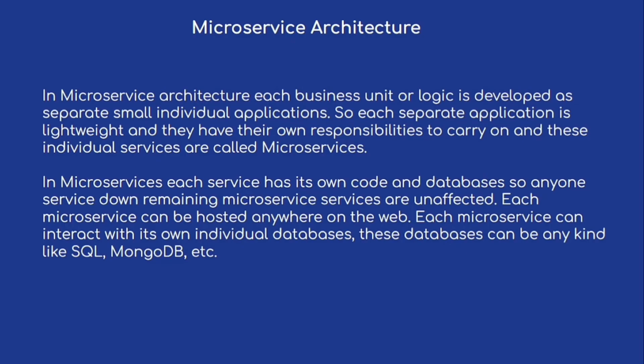Now let's understand microservice architecture. In microservice architecture, each business unit or logic is developed as a separate, small, individual application. Here we are separating into small apps, and that is nothing but microservices. Each separate application is lightweight, and they have their own responsibility to carry on. These individual services are called microservices.